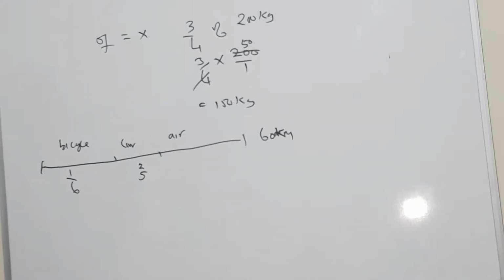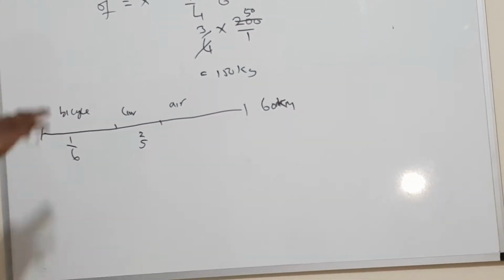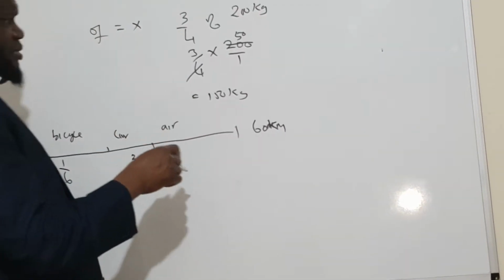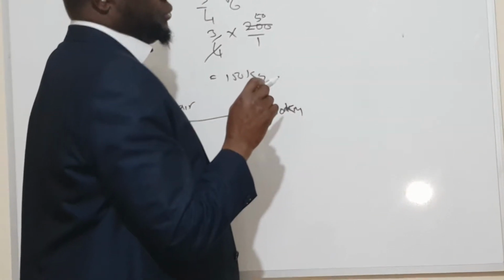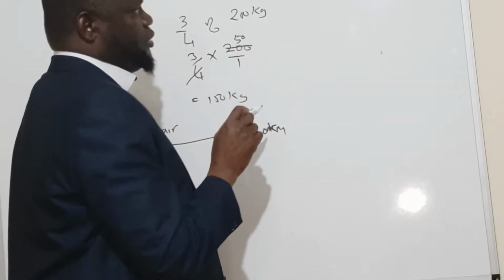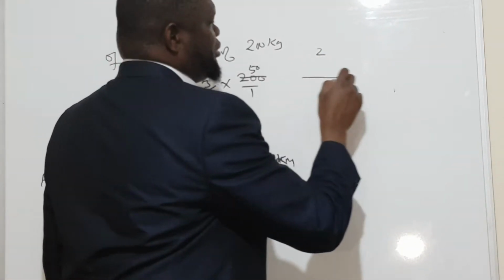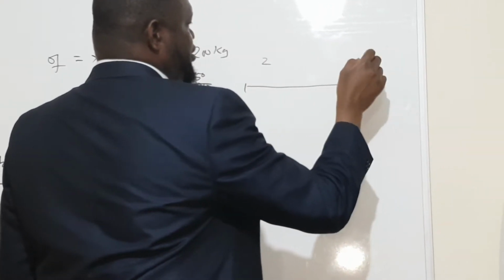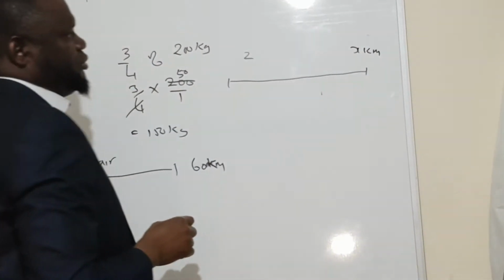Do you get it? Now, this involves all. Before we do anything first, it may not involve this one. But if somebody tells you somebody traveled a distance, you don't know, x kilometers. You don't know how much he traveled.